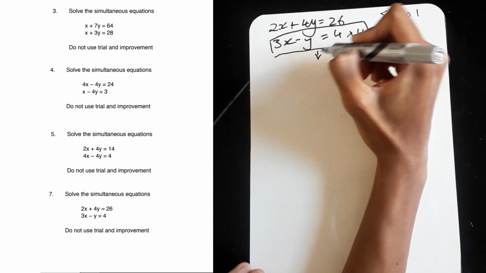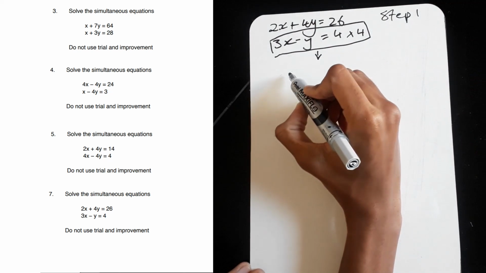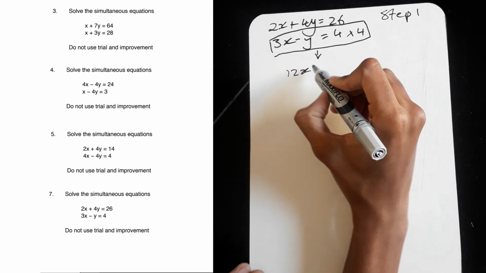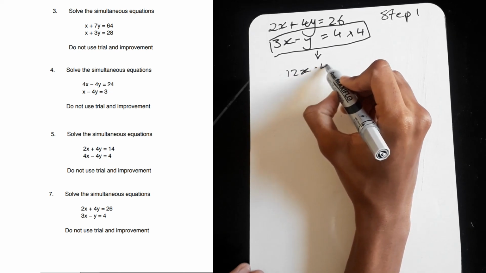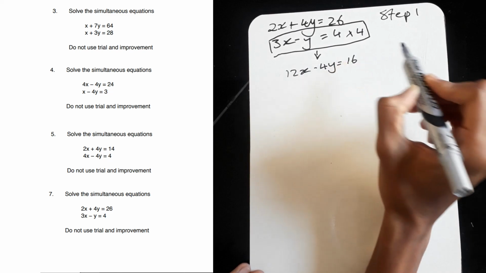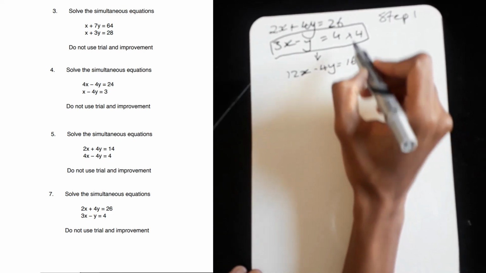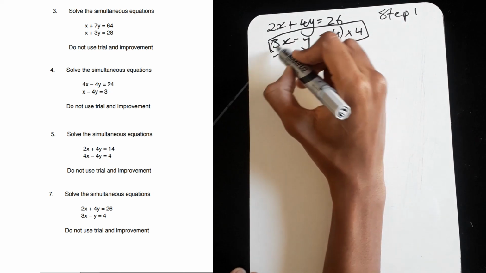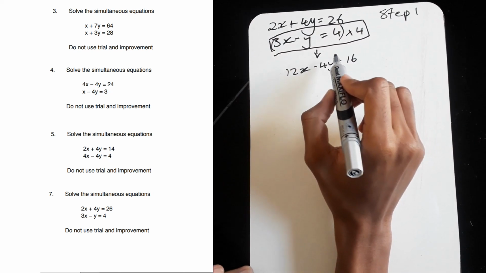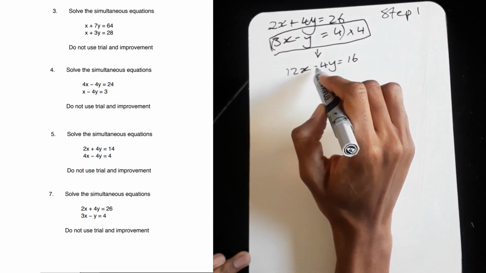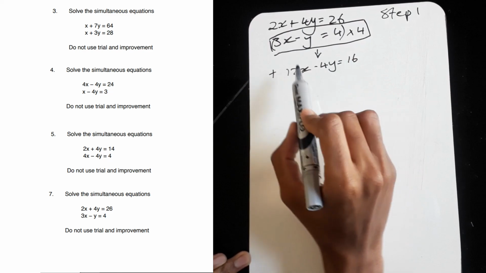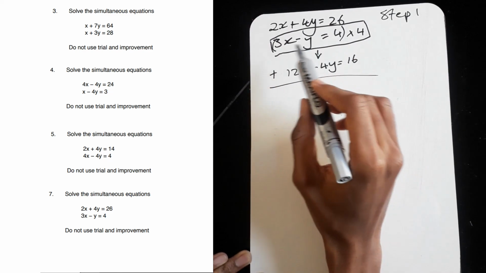So once we multiply it by 4, it's going to become 12x minus 4y equals 16. So we multiply everything by 4. And then from there, we're going to add, because of the signs, that's a minus and that's a plus. So if you add them, the y's are going to cancel each other out.